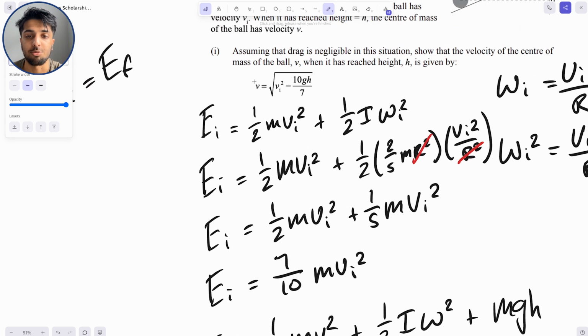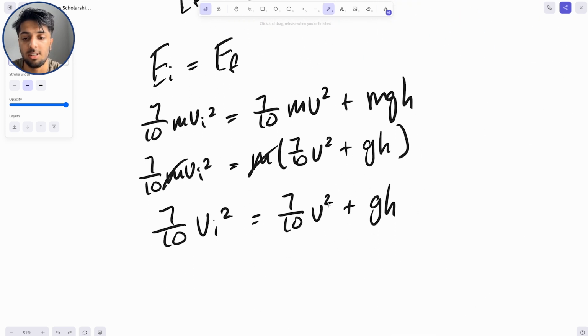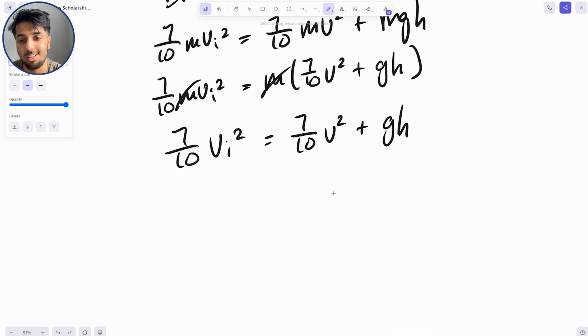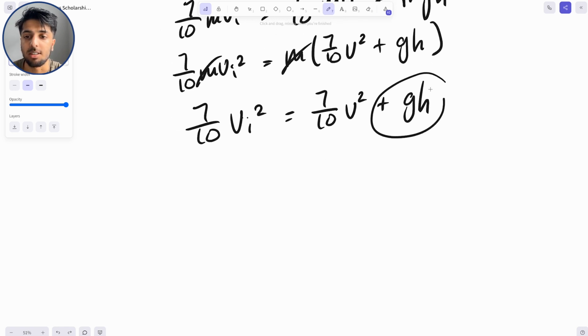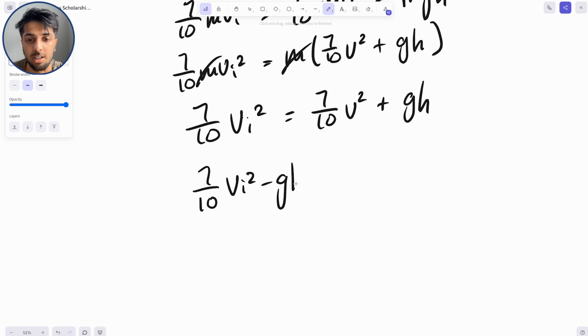Now we are trying to find our v velocity, so we can rearrange for that. We can move our gh onto this side, and we get 7 over 10 vi squared minus gh is equal to 7 over 10 v squared.